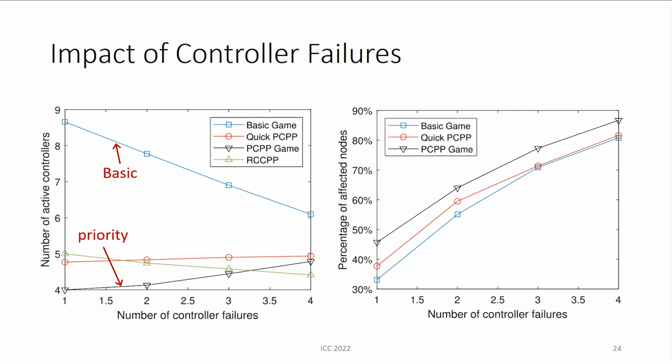So when a controller fails, the redundant controllers are removed from the network, and the number of active controllers actually decreases. The counterpart is quite like the priority game. On the right-hand side, we can see the percentage of affected nodes. The basic game performs the best. The priority game does not perform as well as the basic game.